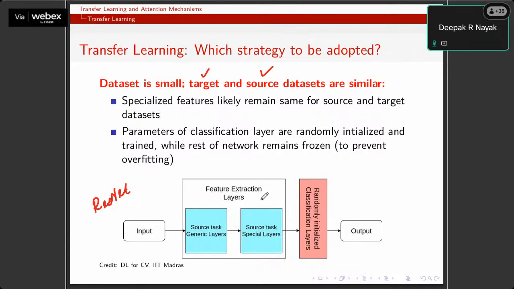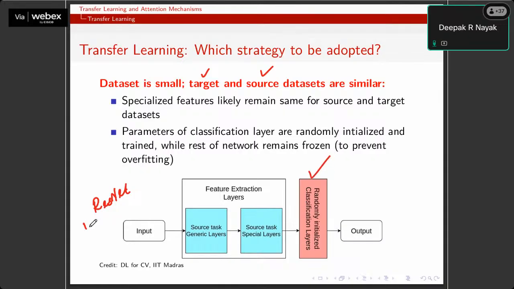I should not then modify any of the features over here because the datasets are similar and I do not have much data to fine tune the features or to retrain the feature extraction layers, the feature learning layers. So what I can do in this case is simply randomly initialize the classification layer. This layer has to be changed. Why?